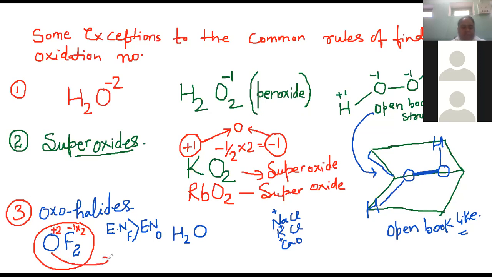So in this case, oxygen has got +2 oxidation state. So I have shown you three types of oxidation states of fluorine.